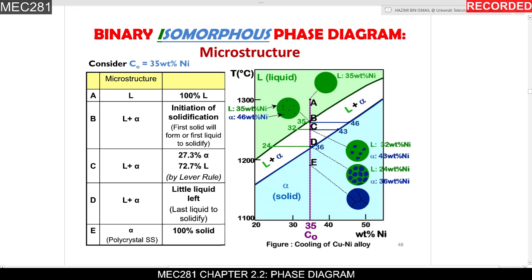So the blue dot starts to exist, which means the solid starts to initiate. We call it initiation of solidification. Solidification is the process of becoming solid. This is just the initiation, the start. So the first solid will form, or the first liquid to solidify.